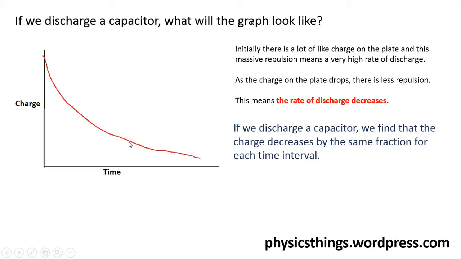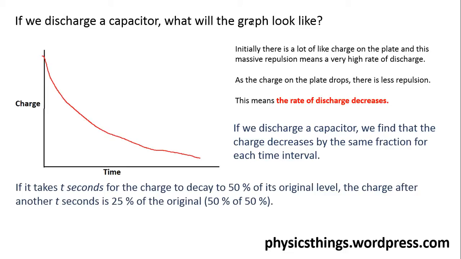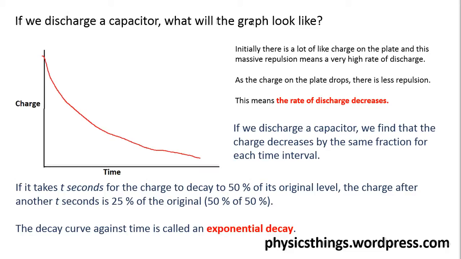And after 9 seconds, or after 3 lots of 3 seconds, it'll drop to an eighth, to a half of that quarter, and so on and so forth. Now this means that we can start to do some nice working out of what is happening. And this whole process is called exponential decay, where the rate of the decay depends on the number of things that are decaying remaining.